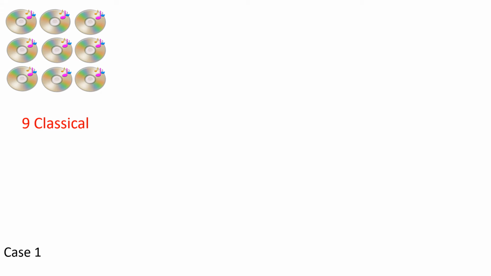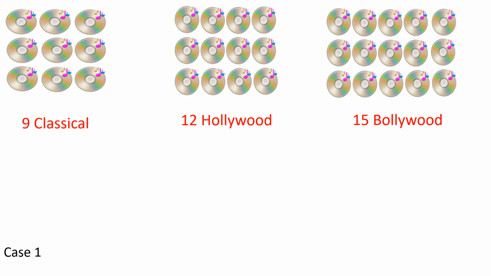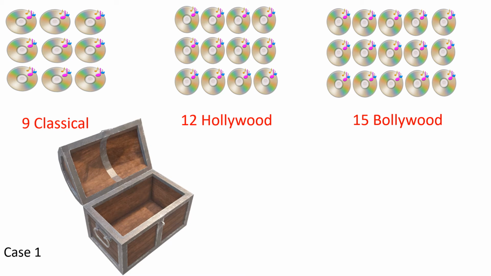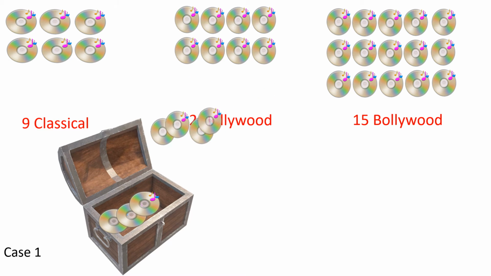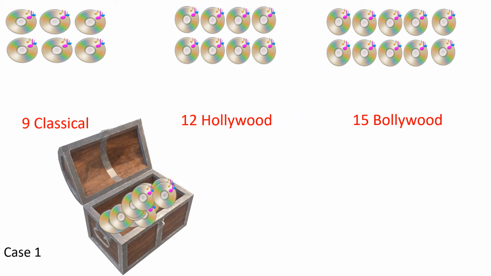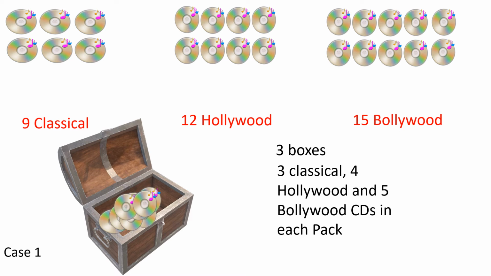In that case, he will put 9 divided by 3, 3 classical CDs, and 12 divided by 3 equals 4, it means 4 Hollywood CDs, and 15 divided by 3 equals 5, it means 5 Bollywood CDs in one box. So in this way Harith can make 3 boxes, with 3 classical, 4 Hollywood and 5 Bollywood CDs in each pack.